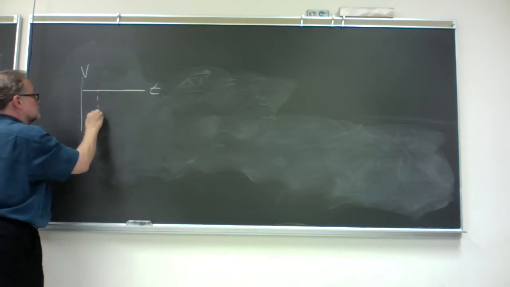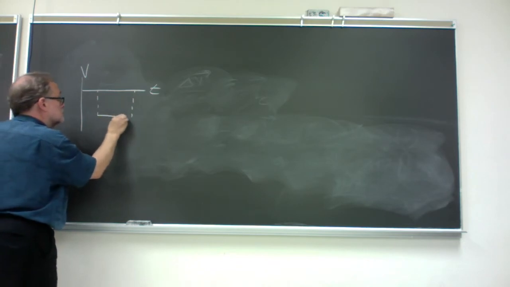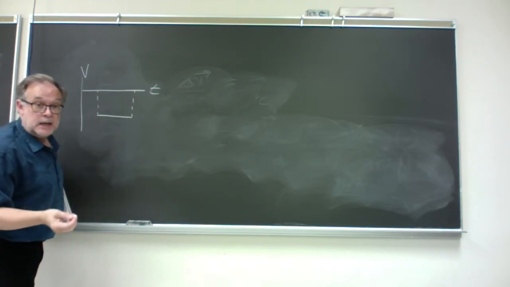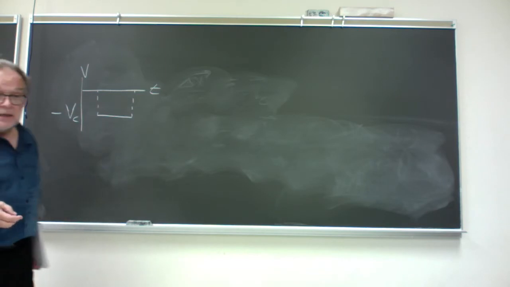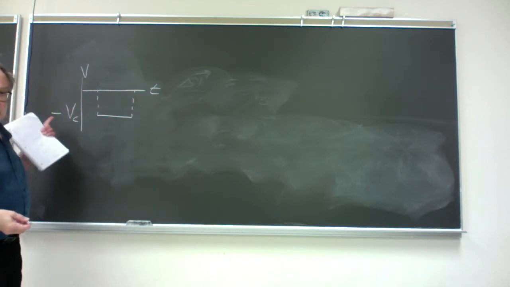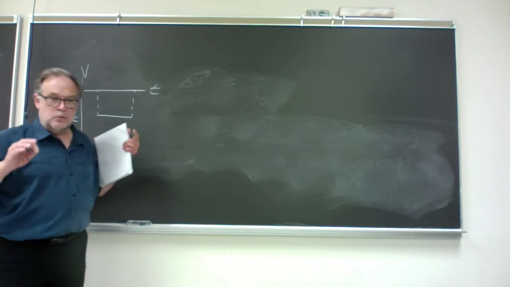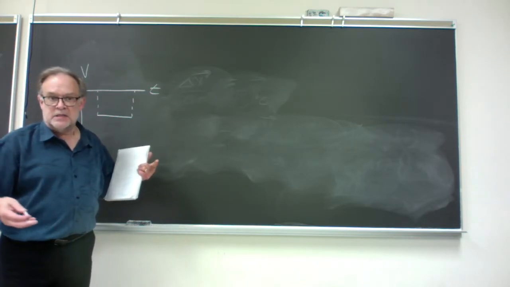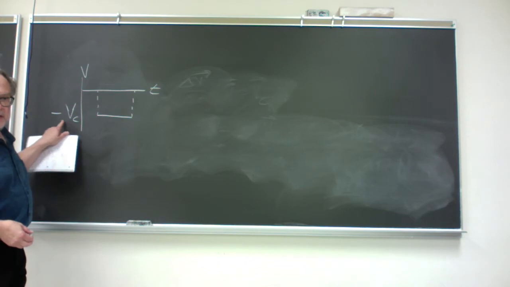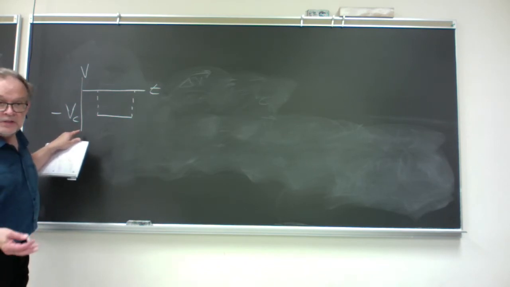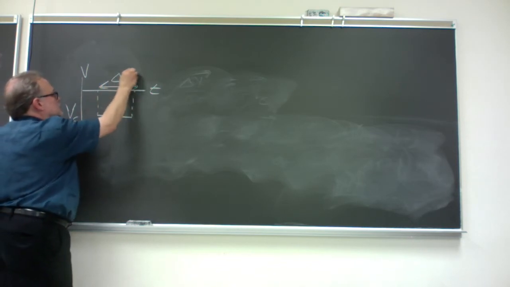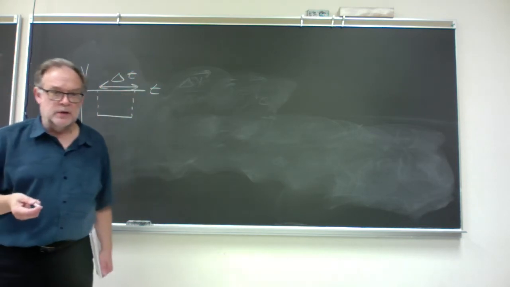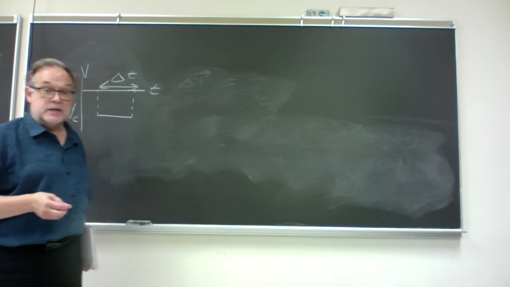A negative constant velocity, and we'll say that the numerical value of that negative constant velocity is minus VC. The number VC itself then is positive. So we get the negative velocity by explicitly multiplying VC times minus 1. And here's the length of time. Delta t is the length of time when the moving thing had that velocity of minus VC.